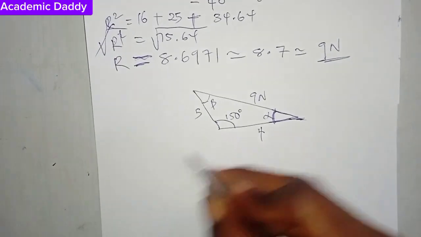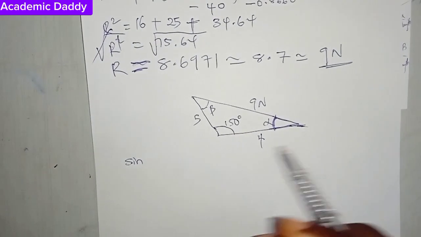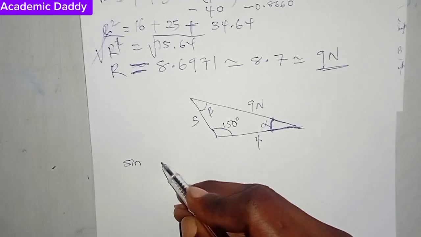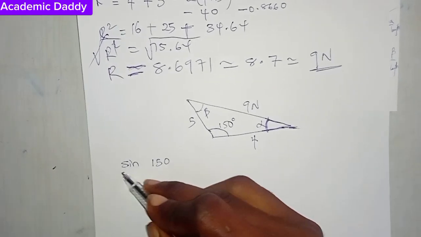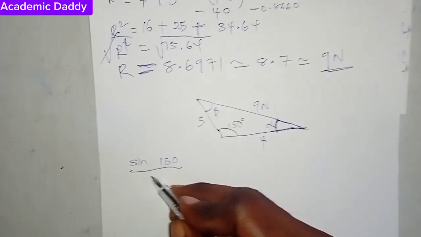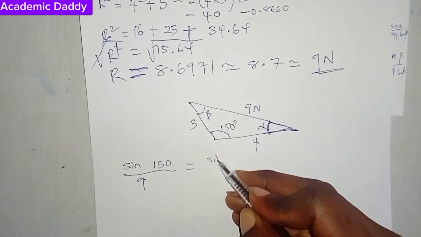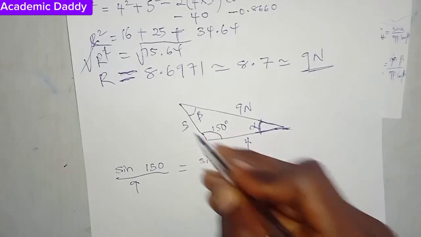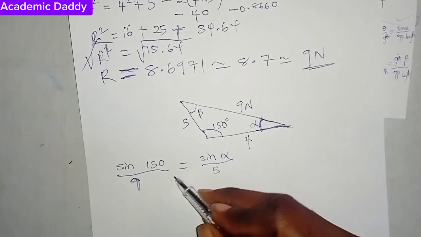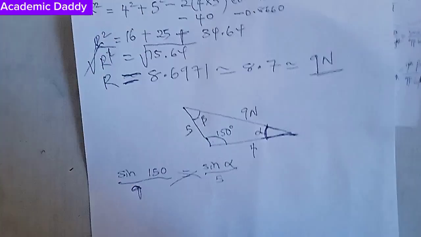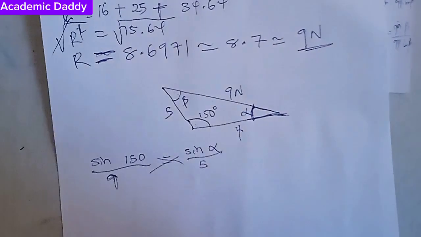This is the formula you use. Sine theta. Remember I told you whenever you use parallelogram or cosine rule, always use sine rule to find your angle. So I'll say sine 150 degrees over the opposite length, 9, is equal to sine alpha over the opposite length, 5.